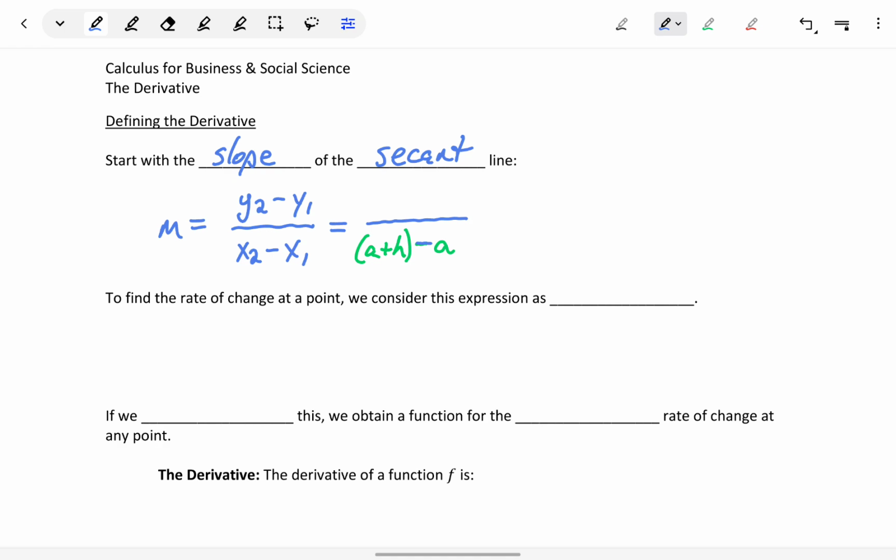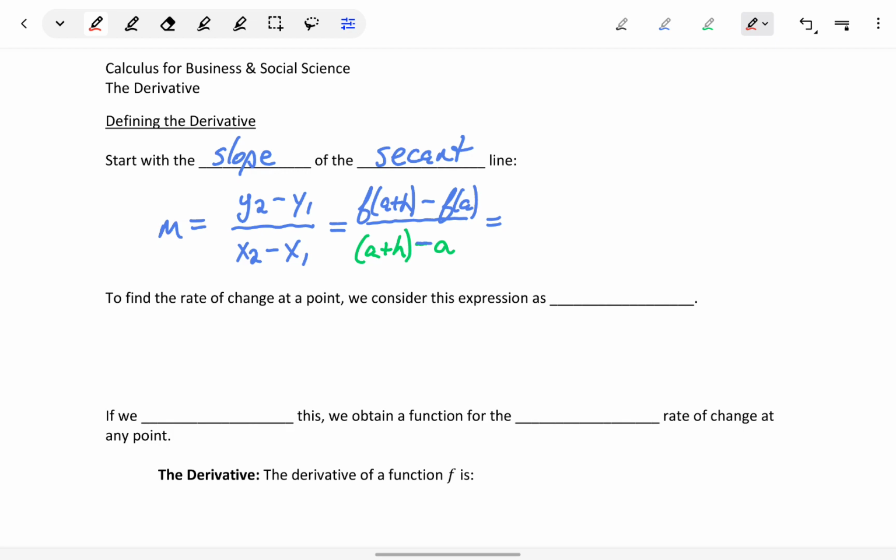And then based off that, we can also modify how we express our y values. Rather than it being y1 and y2, we could express this as f of a plus h minus f of a, meaning to get those y coordinates, we take those x values and plug them into our given function.